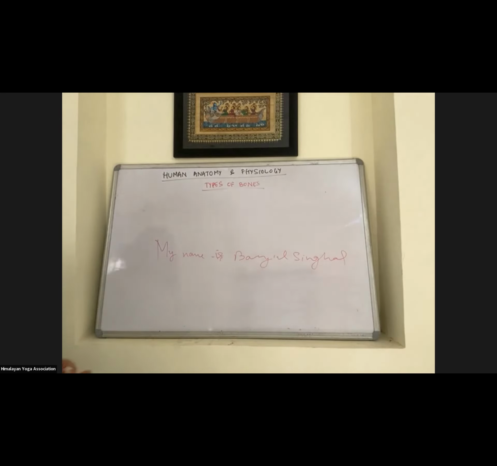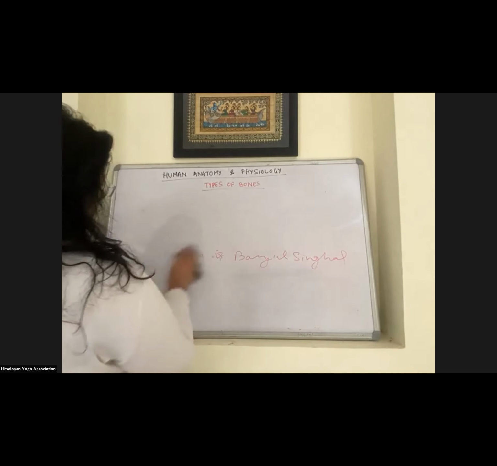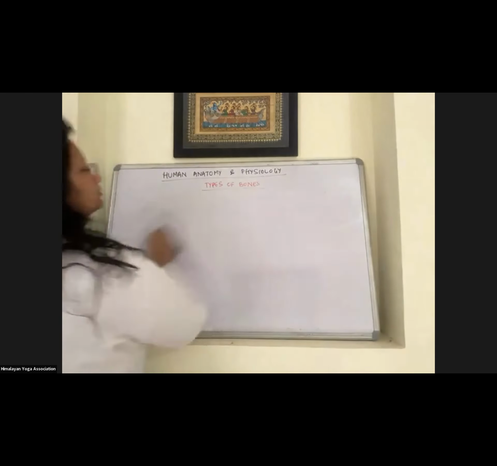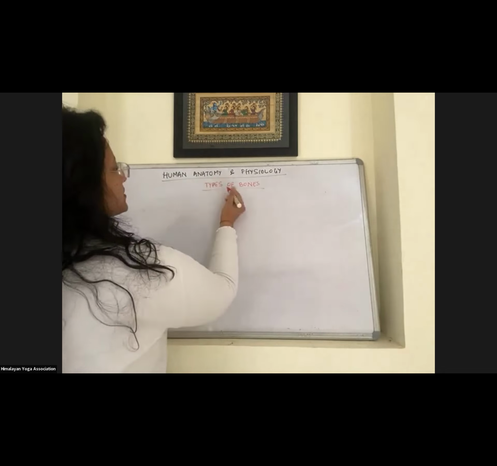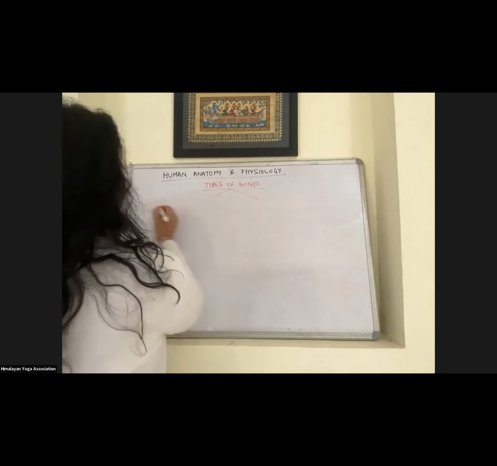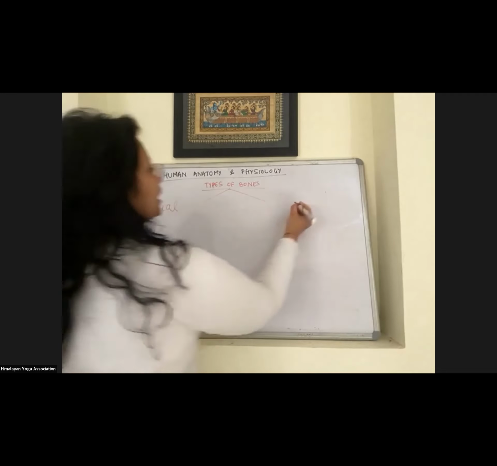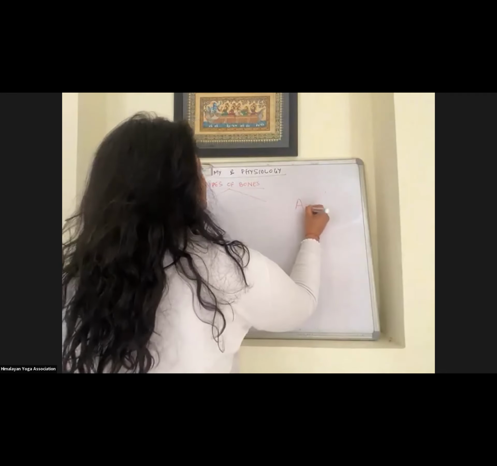Okay, so types of bones. We studied two types of bones: axial and appendicular.